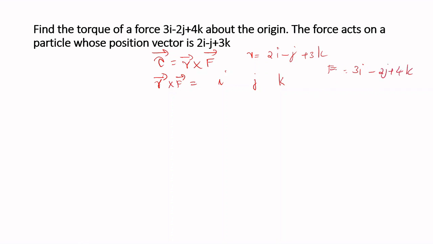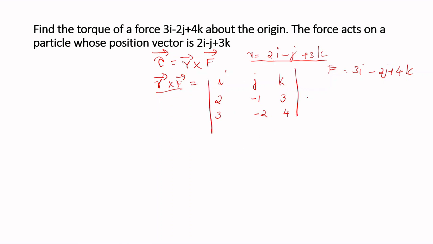The first row is i, j, k. In the second row we write the coefficients of R, because the vector product is R cross F. So it is 2, minus 1, 3. Similarly the third row is 3, minus 2, 4.